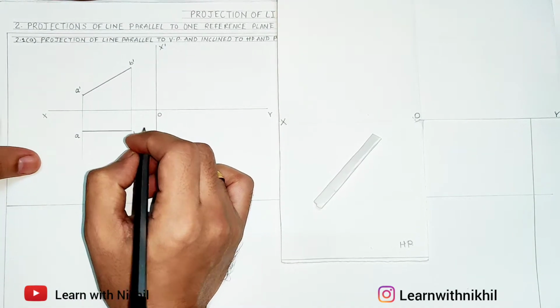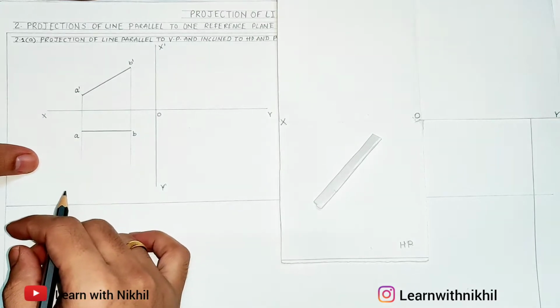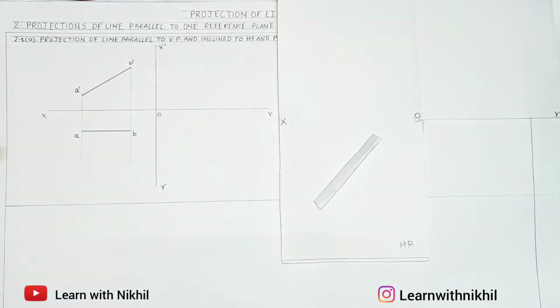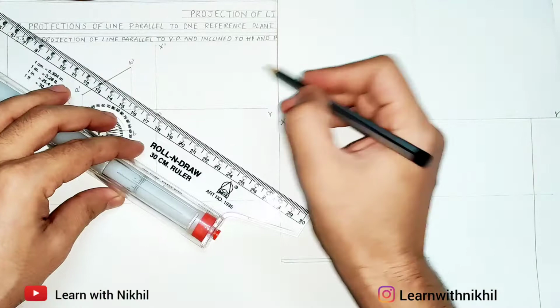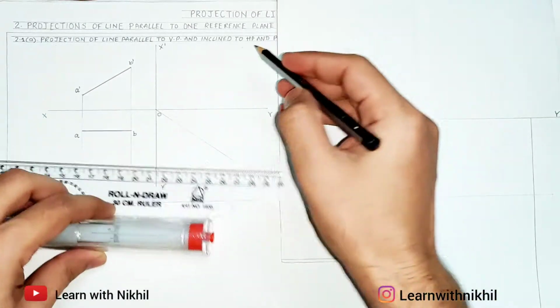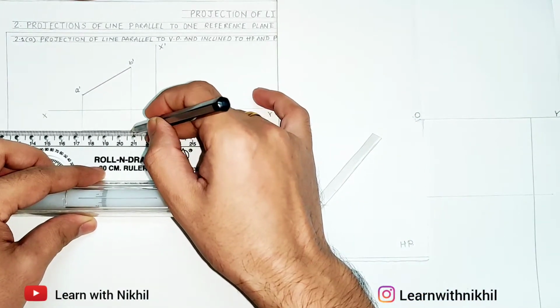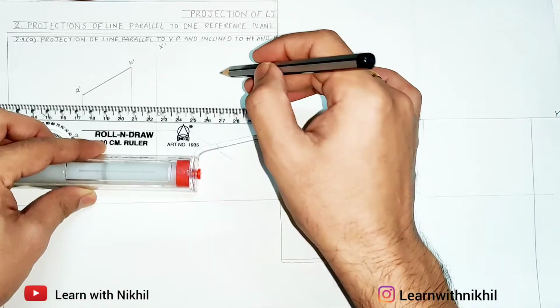Now drawing the side view, as you know, you have to take a 45-degree angle line, and take the projections from the front view to the side view and from the top view to the side view as well.